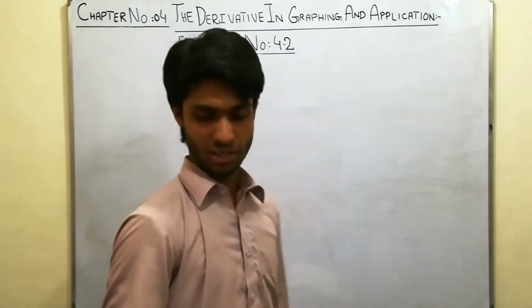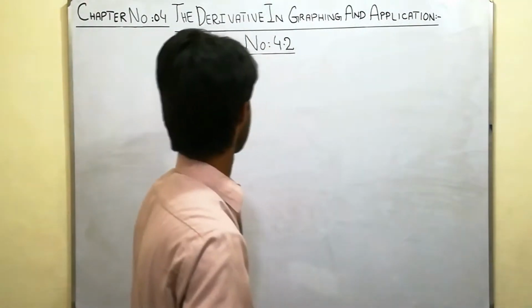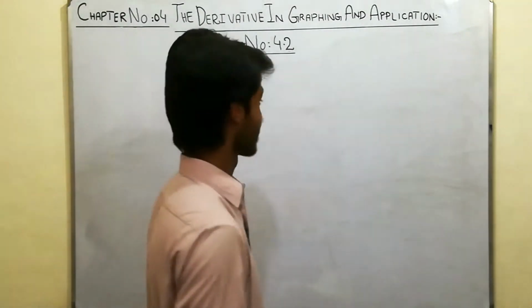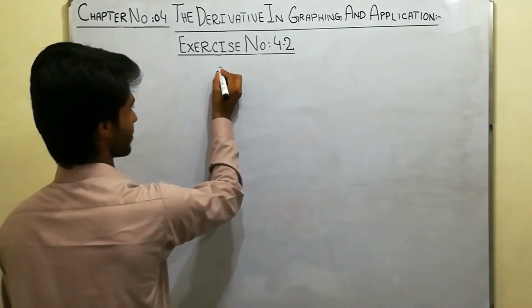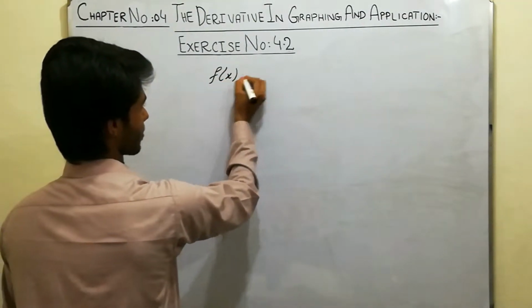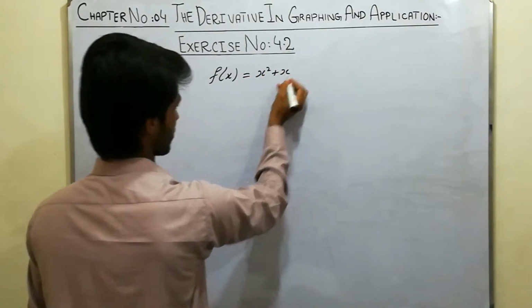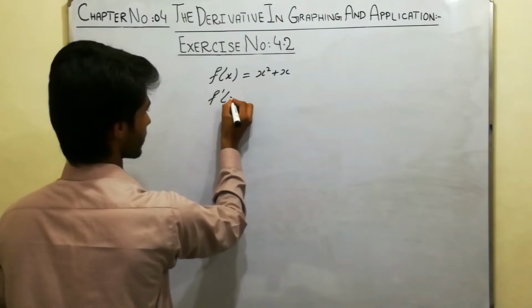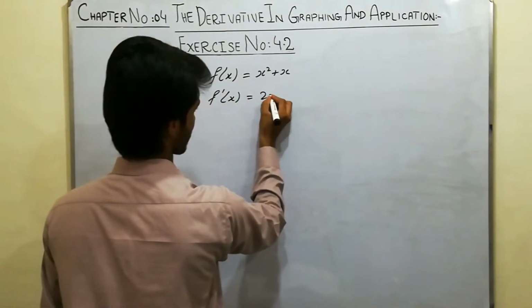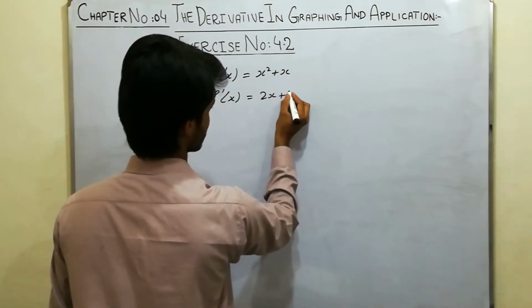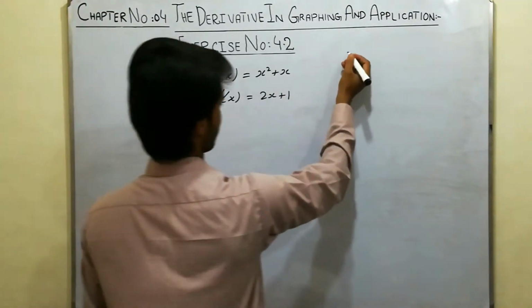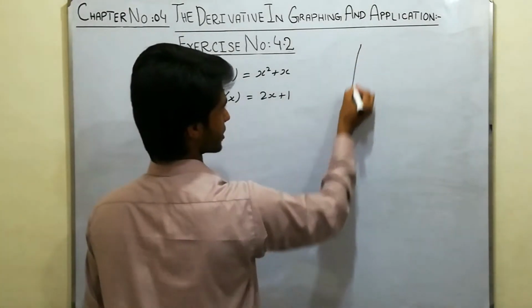And one thing more, there are two types of test: first derivative test and second derivative test. In the first derivative test, we take the first derivative and find the point of x, meaning the critical point.